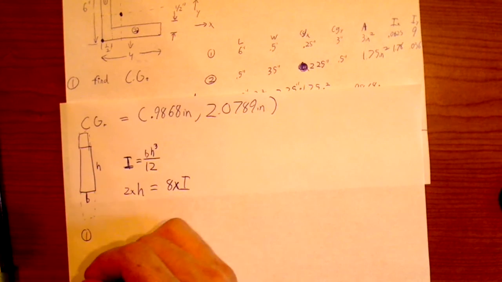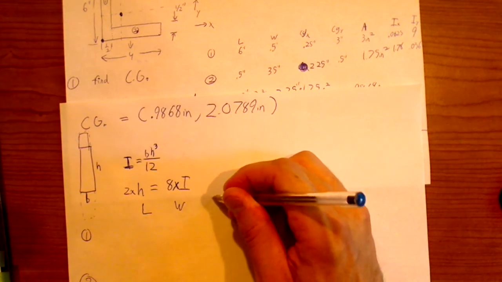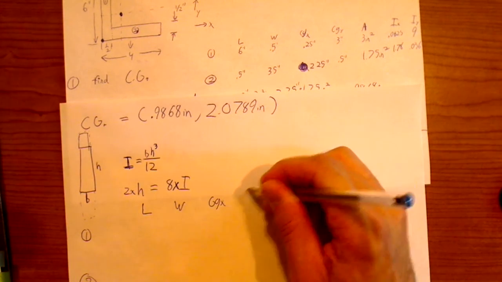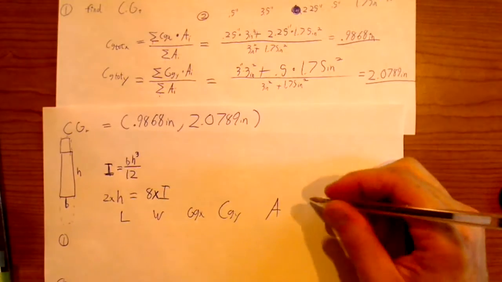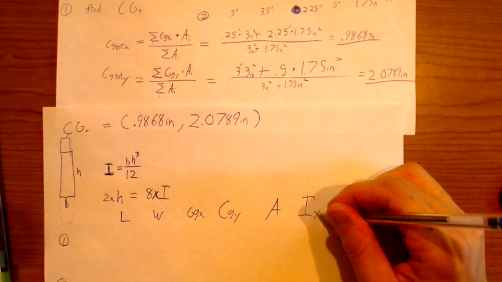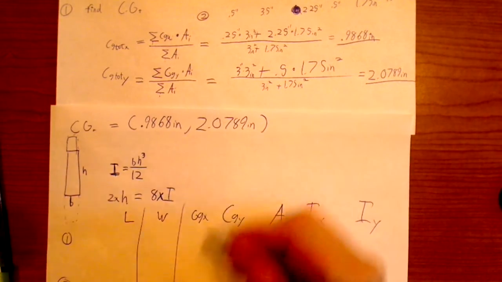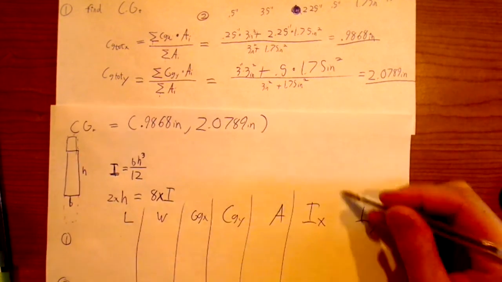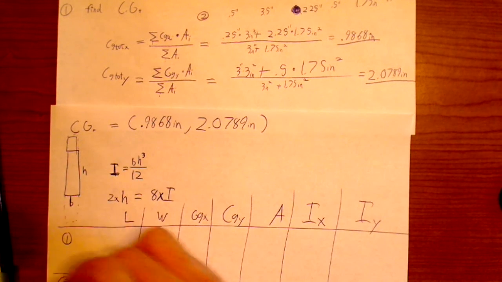So 1, 2, we have length, width, CGX, CGY, area, IX, IY. The book has a similar kind of table thing.